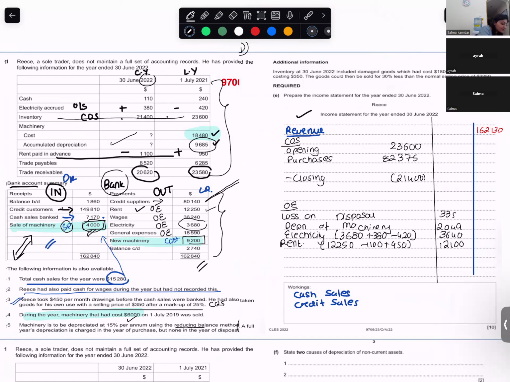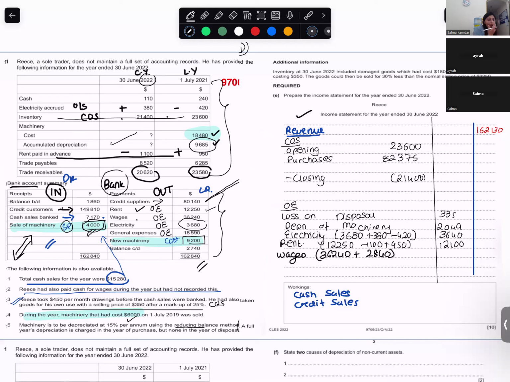Rent is done. Wages. Now wages will write what we calculated, right? You've paid wages through bank. You have paid wages through cash. So both you have to write. It will be 39080. Cash wages, can you tell me how much? Cash wages is 2840.